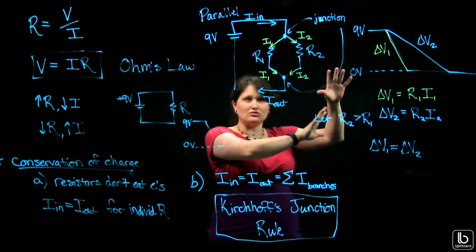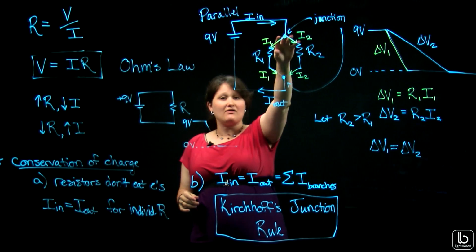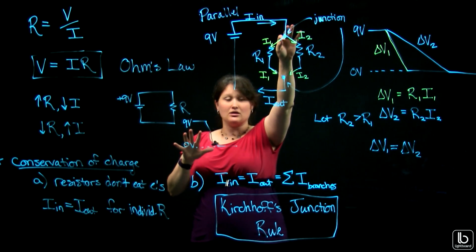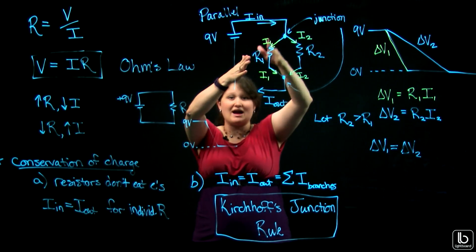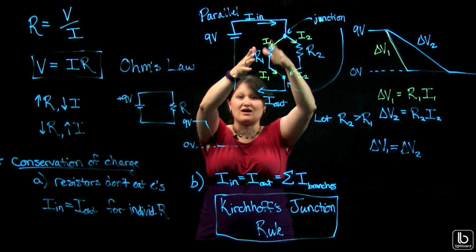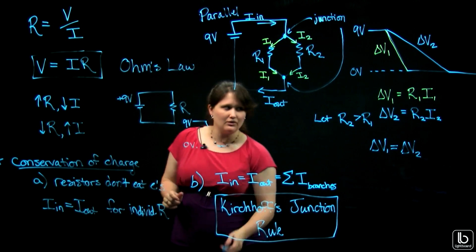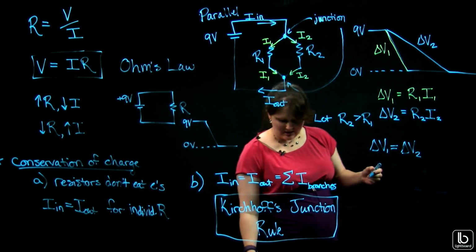Same thing is going to be true with our resistors in parallel. Whenever I have a junction, that's like me at the top of the slide and I get to pick. So whichever route I pick, I'm still going to have that same voltage drop as if I had picked any other branch. Okay.